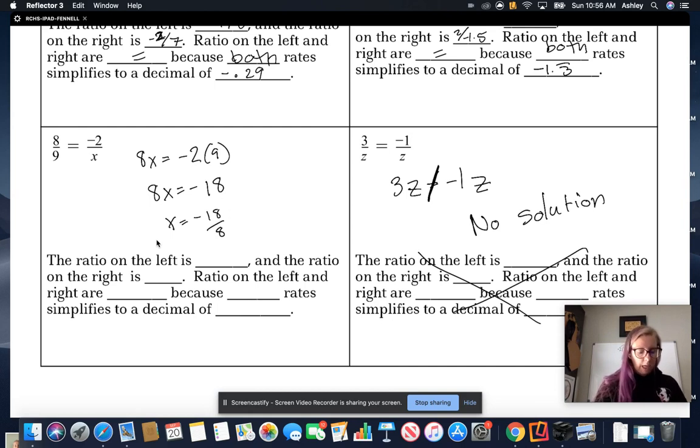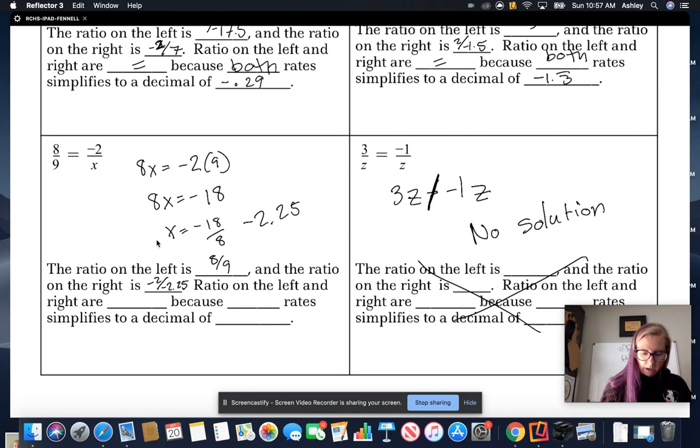Back to that last example, because I hadn't done all the calculations yet. Let's do negative 18 divided by 8, which is negative 2.25. So on the left, our ratio is 8 over 9. On the right, our ratio is negative 2 over negative 2.25. The ratio on the left and right are equal because both rates are going to simplify.